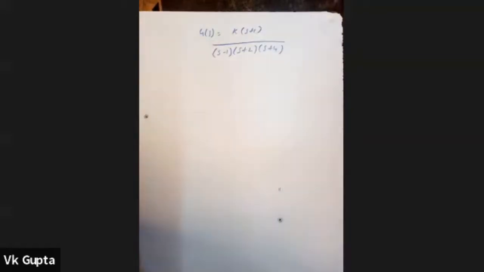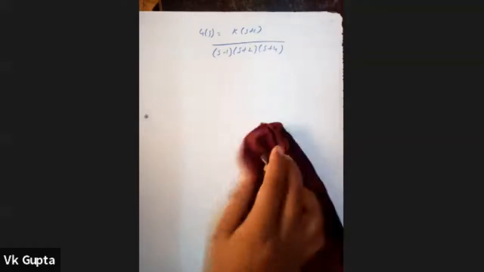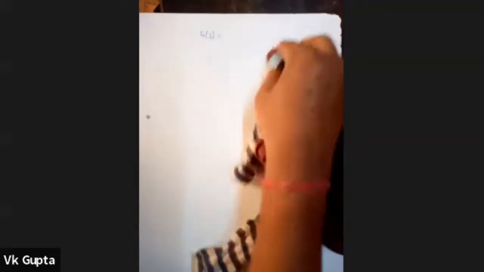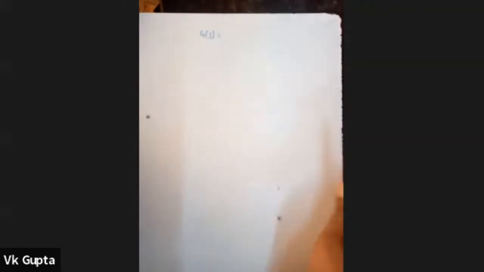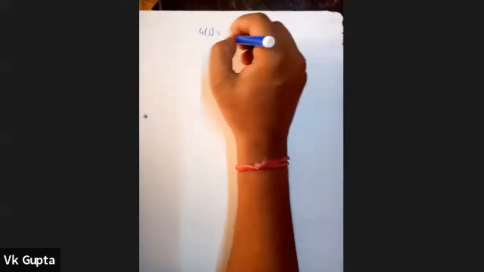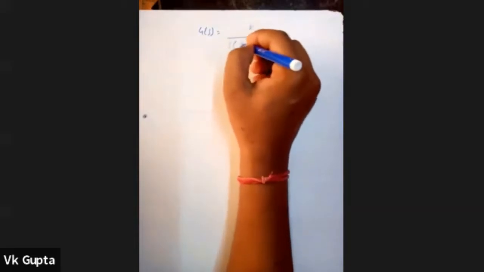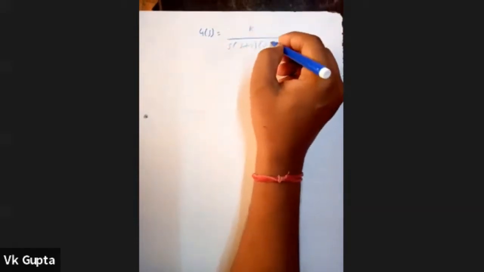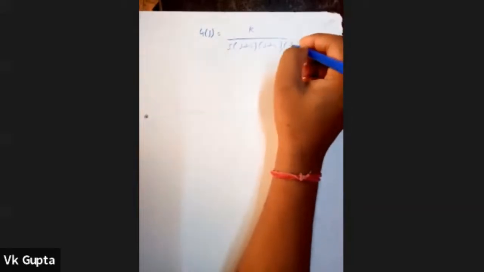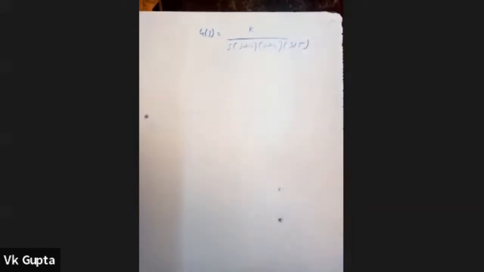We'll do it for K divided by s(s plus 2)(s plus 4)(s plus 5). Let us solve this first, then we'll go to that one.